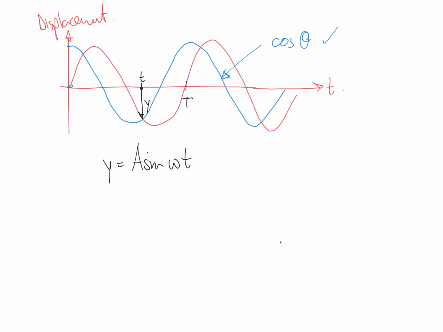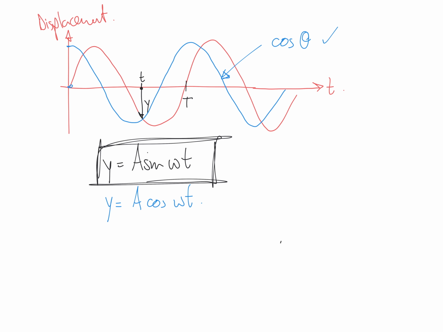So we could write the blue one as y equals A cosine omega t, which wouldn't be wrong, that's fine. However, the problem is we just want one general expression rather than having to write lots of different expressions. So how does sine and cosine relate to ourselves? Can I rewrite this one in some way to match that?